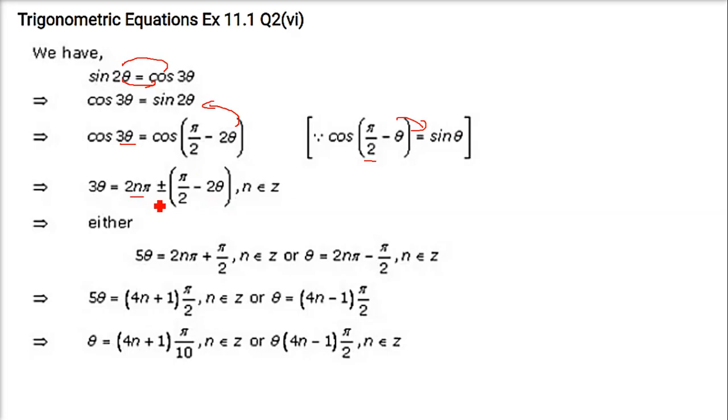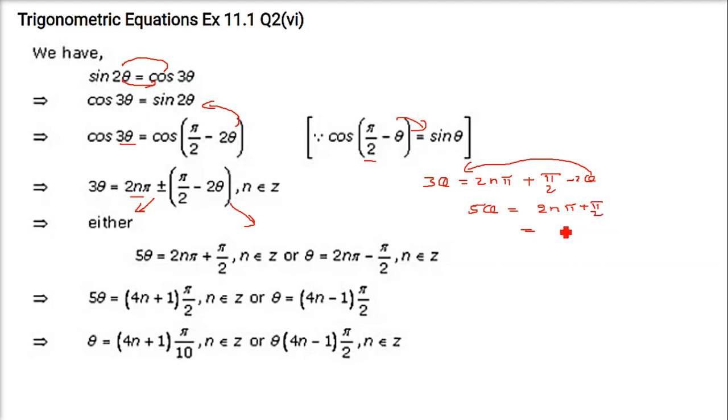Now once you will take the positive sign and other time you will take the negative sign. I'll do it for you. So 3 theta, I am taking positive sign here. 3 theta will be equal to 2n pi plus pi by 2 minus 2 theta. 2 theta comes here. 3 theta plus 2 theta is 5 theta. Equal to 2n pi plus pi by 2. Now you can take pi by 2 common.